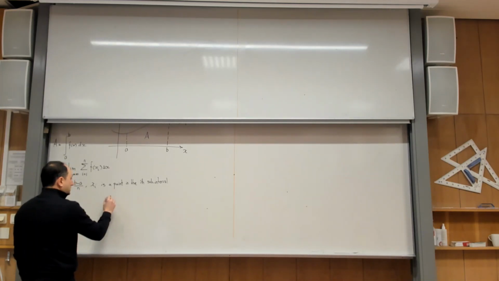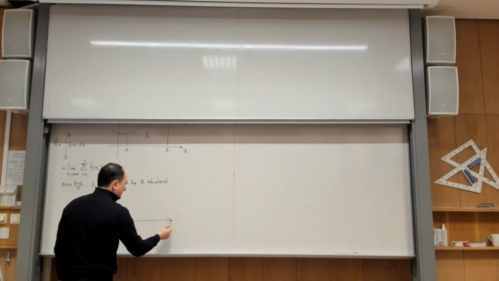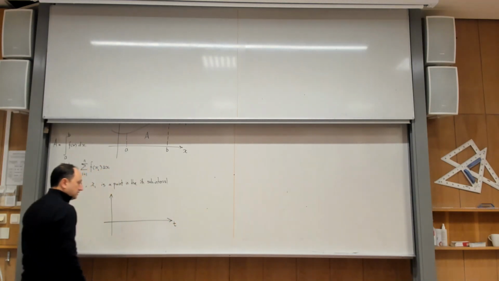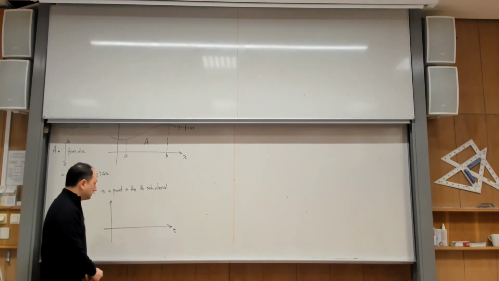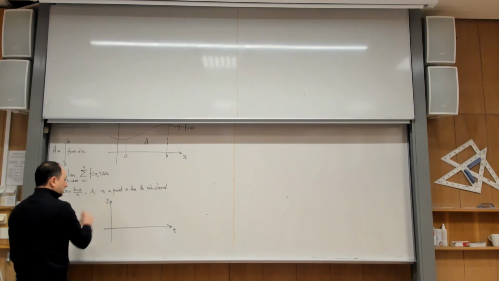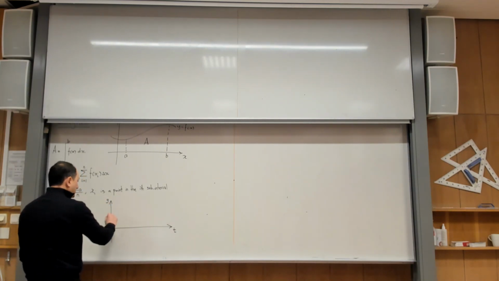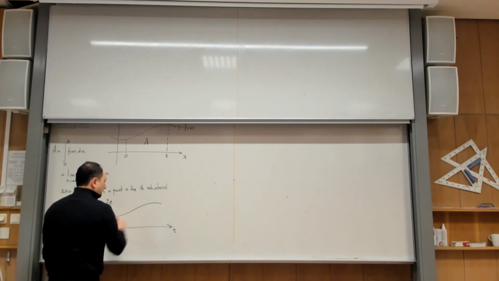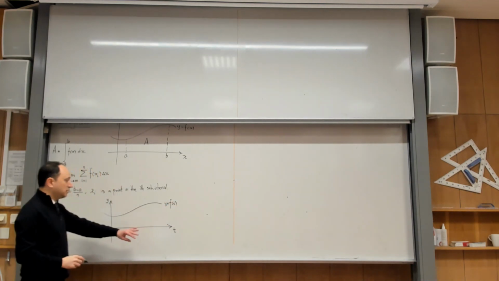For some reason, I want to change the letter x, so I will keep this axis and label it with t. I don't necessarily mean time. t is just another variable. And then this is the y-axis. Yes? And then I draw this curve again, y equals f of t this time, because I have changed the label of x to t.